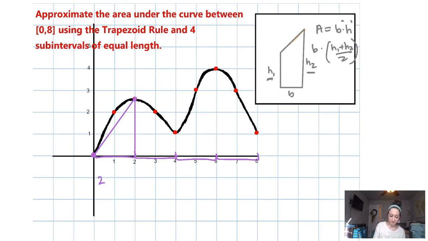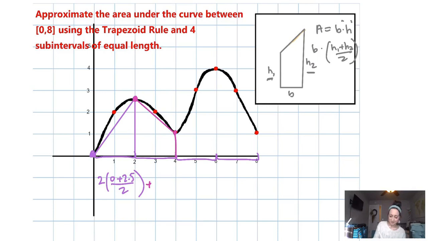So base is 2, then I'm going to average my y values, which are 0 and 2.5. So let's just write it as (0 + 2.5) divided by 2, right? Okay, next one. I'm going to take my left y value, my right y value, connect the 2, drop down to the x-axis.